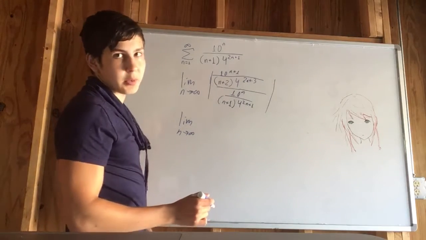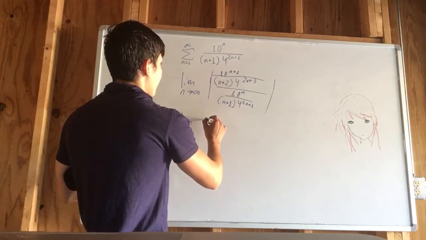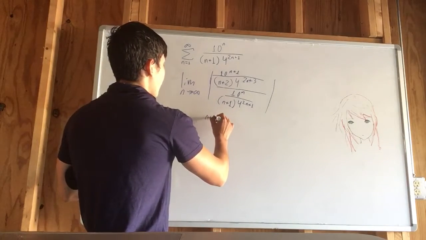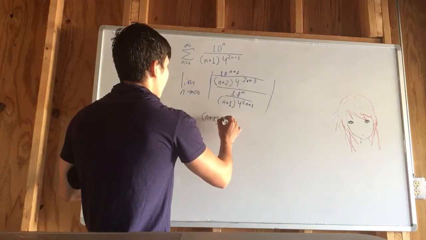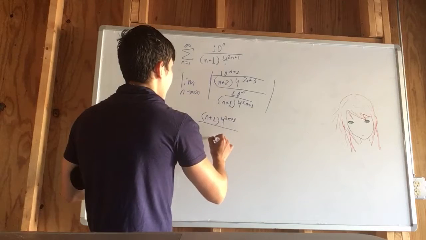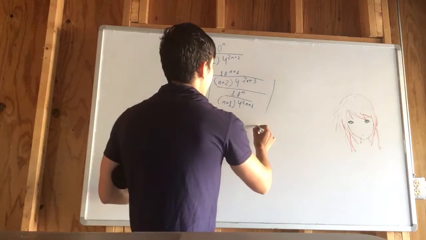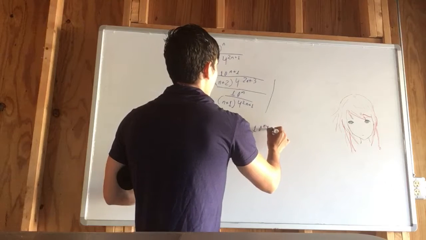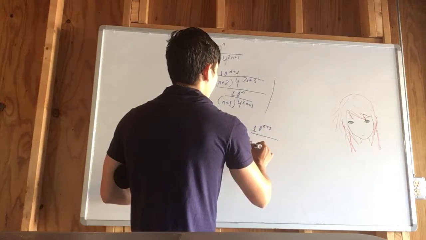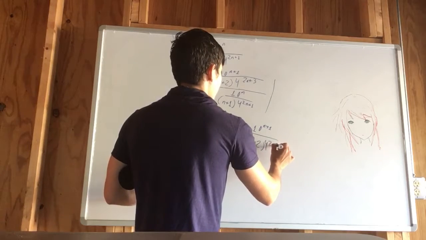We can multiply by the reciprocal. So this would be n plus 1 over 4 to the 2n plus 1 over 10 to the n, multiplied by 10 to the n plus 1 over n plus 2 times 4 to the 2n plus 3.